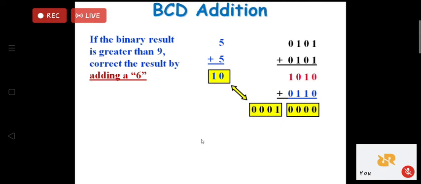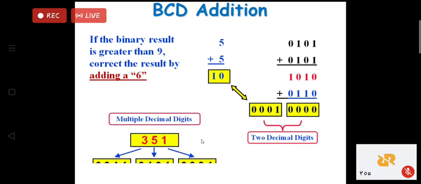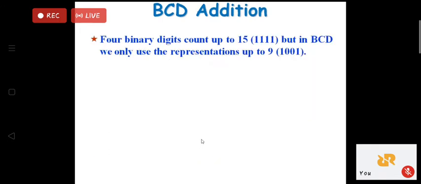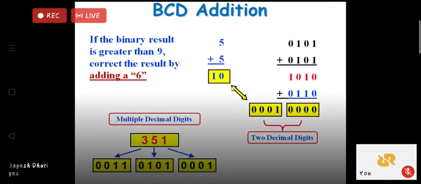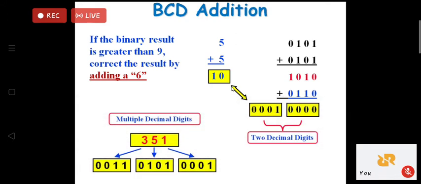So my answer is 0001, that is 1, and I can write it as 1 0 over here. Please tell me whether you understood BCD addition in short or no. Please feel free to tell anything.